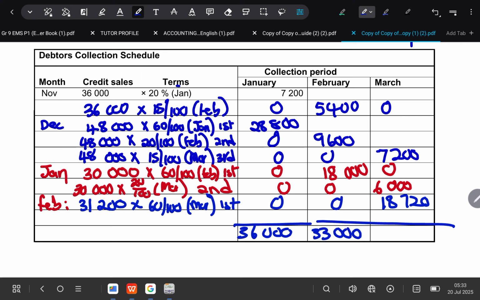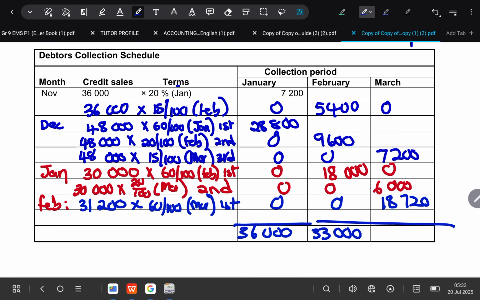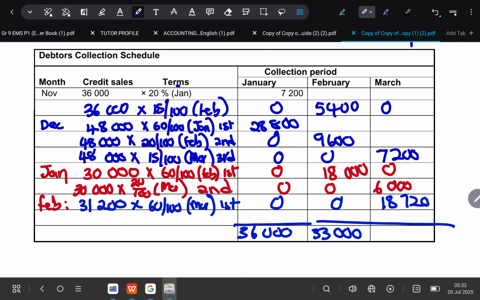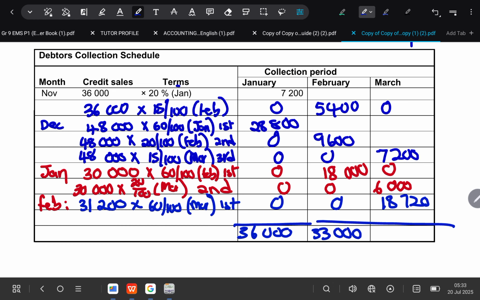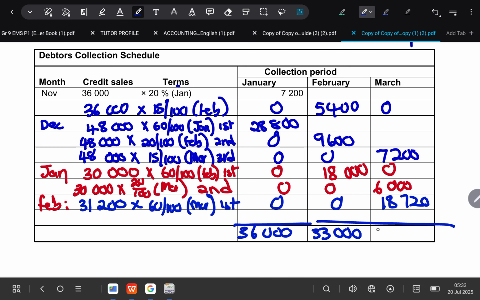And then for March we will have 7.2 plus 6,000, and then also plus 18,720, which gives us 31,920.